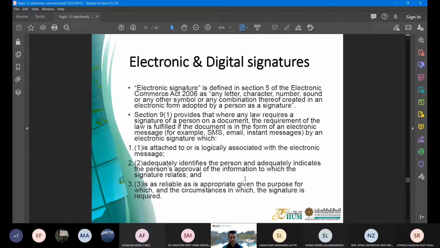Section 9 talks about where any law requires a signature of a person, the requirement of the law is fulfilled if the document is in the form of an electronic message. So it is valid, like if you sign attendance through the online form that I give you, that is your electronic signature.